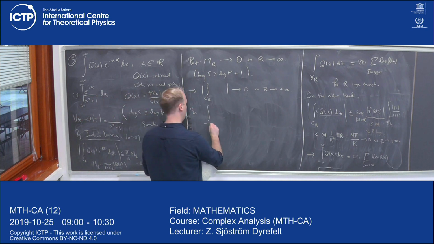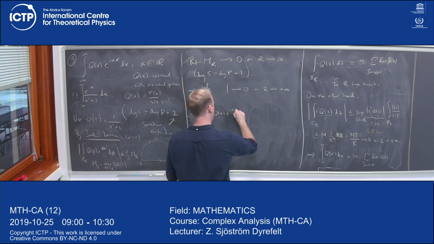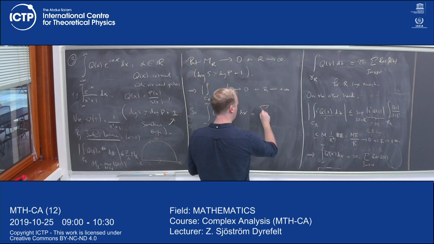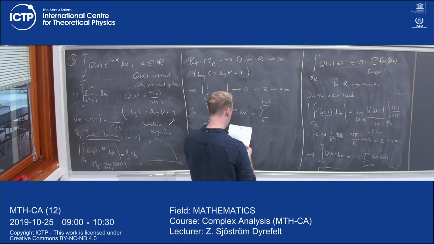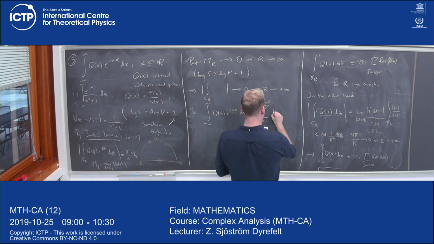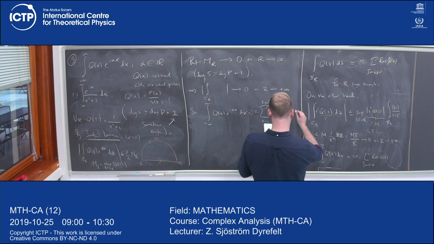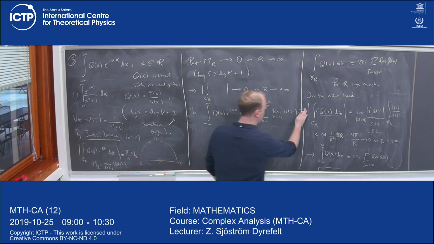So this integral is equal to the sum from k equals 1 to the degree of s, which is the number of poles, of 2 pi i times the residues of q of z e to the i alpha z.